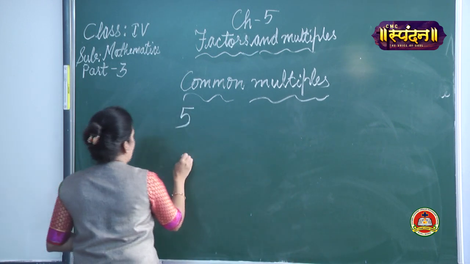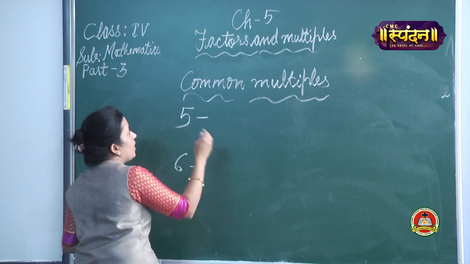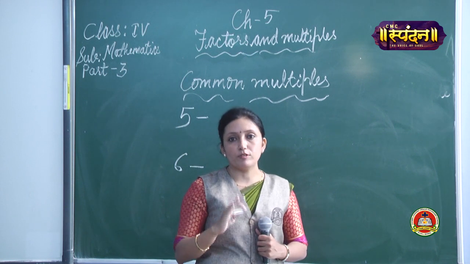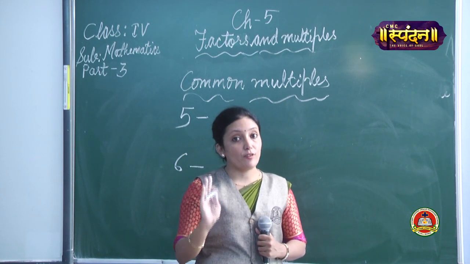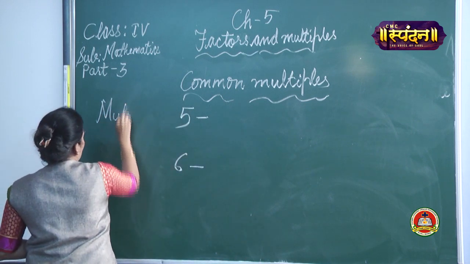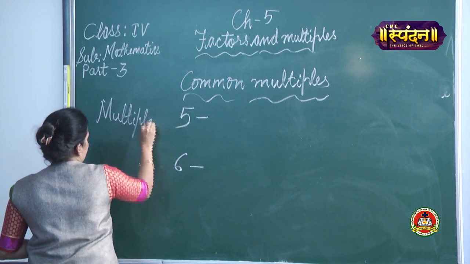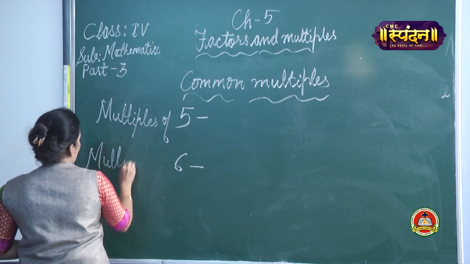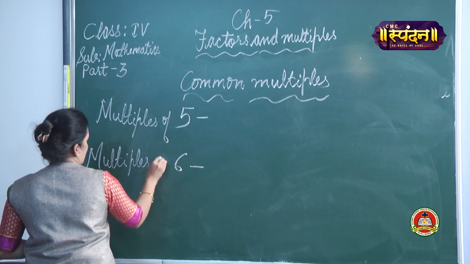Okay. 5, 6. So see, if I need to have a common multiple, what I need to do children, first I need to find out the multiples of 5 and then I need to find out the multiples of 6. So I will be writing multiples of 5. Then I will be writing multiples of 6.